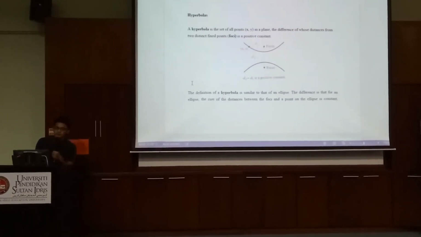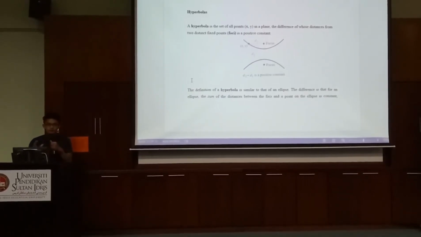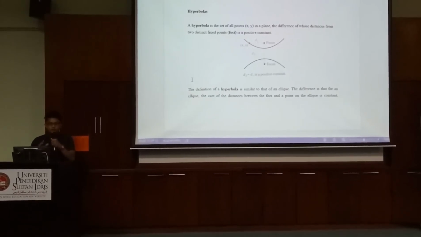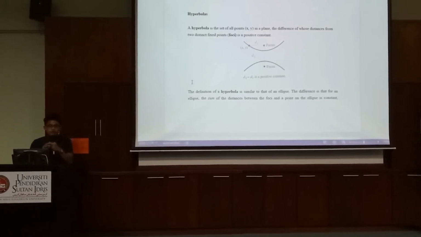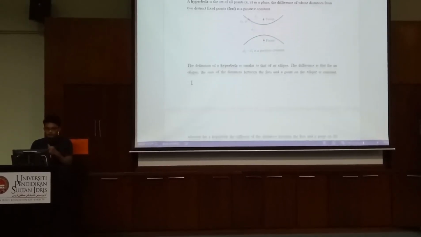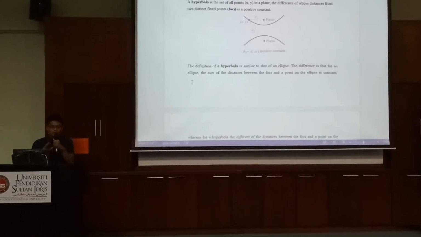Okay, next, hyperbola. A hyperbola is the set of all points (x, y) in a plane, the difference of whose distance from two distinct fixed points, which is foci, is a positive constant. Okay, the definition of a hyperbola is similar to that of an ellipse.